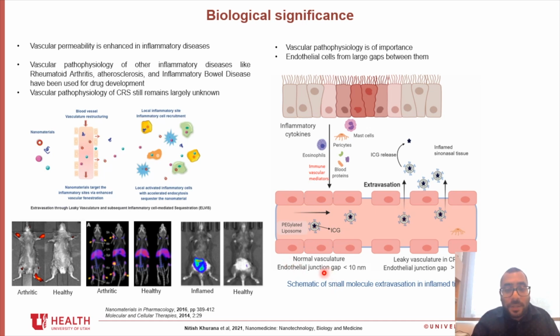Now, in normal vasculature, the endothelial junction gap will be anywhere less than 10 nanometers. But in the leaky vasculature, this endothelial junction gap will be anywhere above 50 nanometers, and it can even go up to 500 nanometers in some cases. So a nanoparticle which is passing in the blood vessel can preferentially extravasate through these fenestrations and accumulate at this inflamed sinonasal tissue.